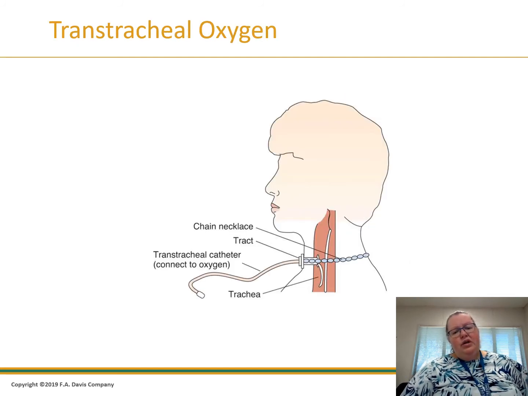Transtracheal oxygen. Here it is, a chain necklace, a tracheal catheter, and a trach. Look at that, there's your trach. Typically we can deliver oxygen pretty effectively by just putting it through this tube and into the trach.